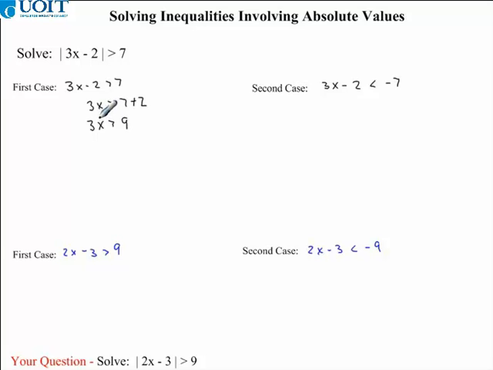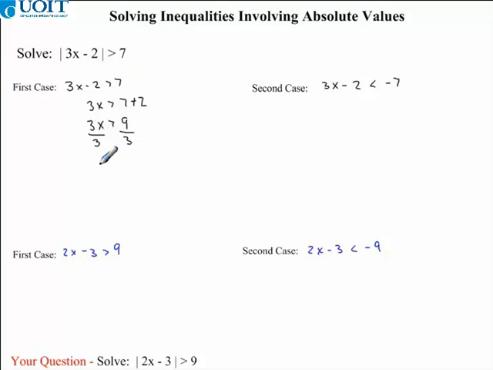Lastly, to isolate for x, we need to get rid of this 3. The operation between 3 and x is multiplication, so to get rid of this 3, we need to divide by 3, since division is the opposite operation of multiplication. If we divide this side by 3, we also need to divide the right-hand side by 3 to ensure that we don't change our original inequality.